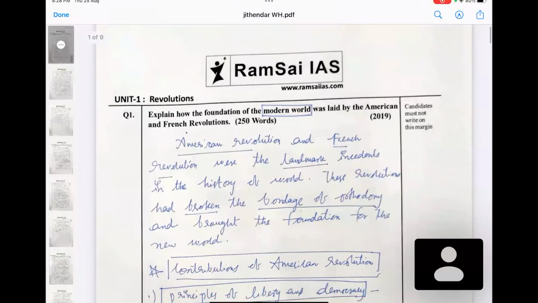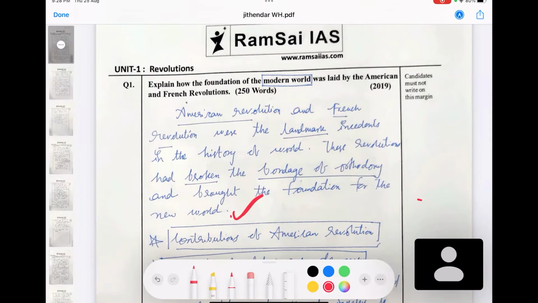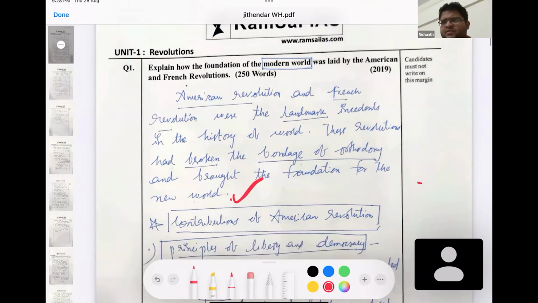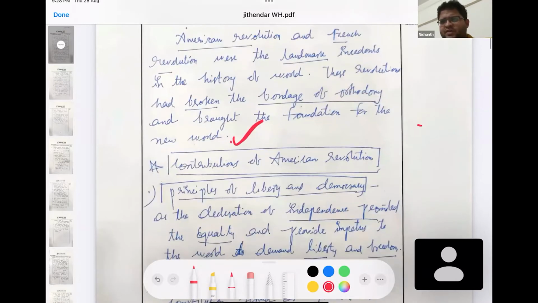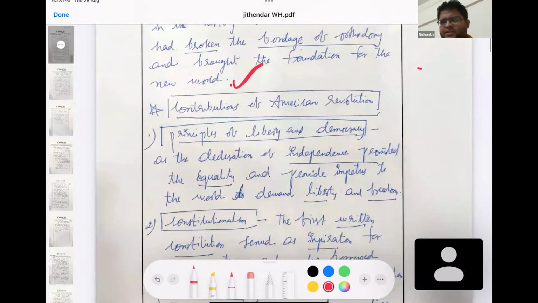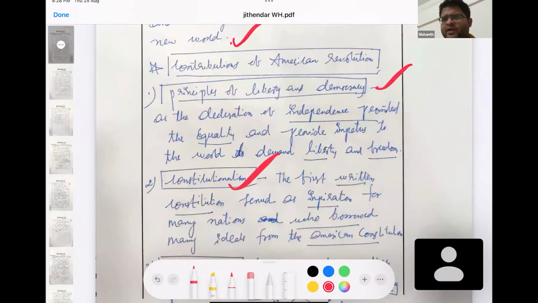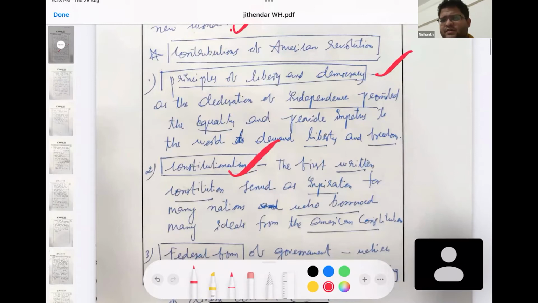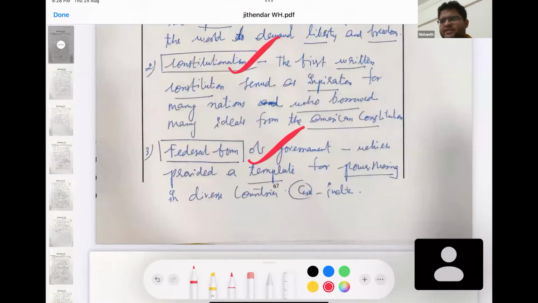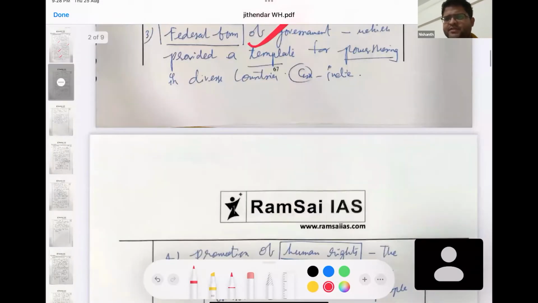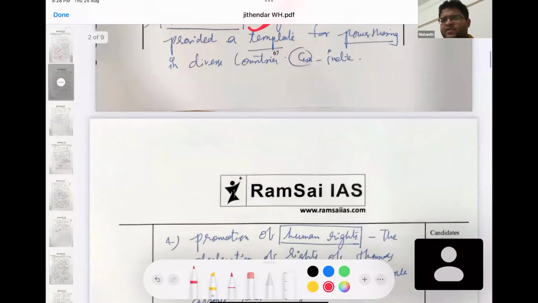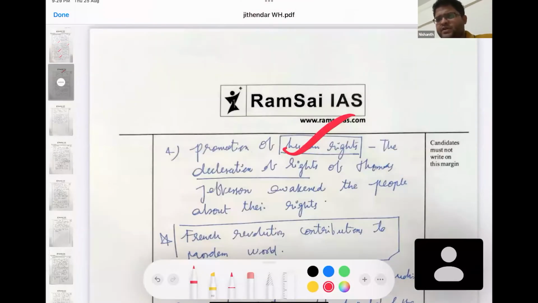Yes, sir. A good introduction. Yeah, principles of liberty and democracy. Constitutionalism, yes. Federal form of the government. Promotion of human rights, the Declaration of Rights, yes. French Revolution, contribution to the modern world.